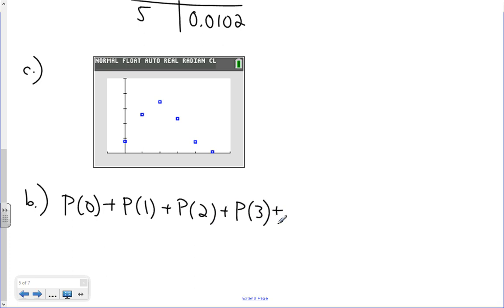P of 3, you could use a ... here to indicate this keeps going, but I'll go ahead and write them all out. Plus P of 5. If I add all those up, it turns out it's 1. Exactly what I would expect. Flip a coin 5 times. These are the only possibilities. You either get 0, 1, 2, 3, 4, or 5 heads as a result.